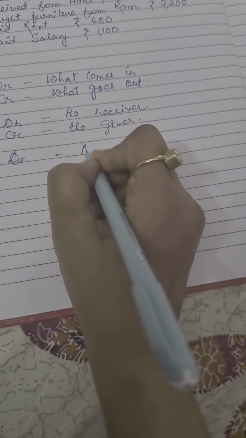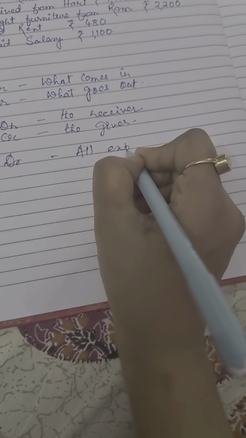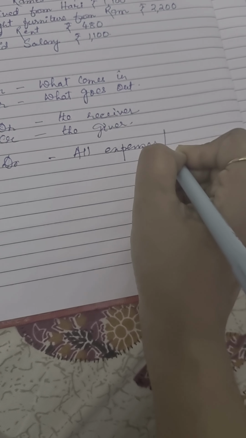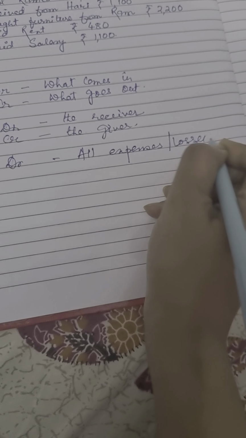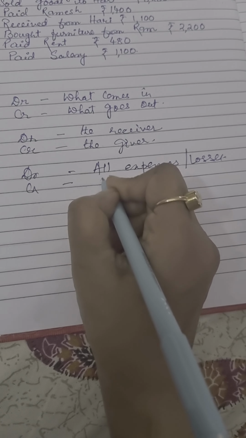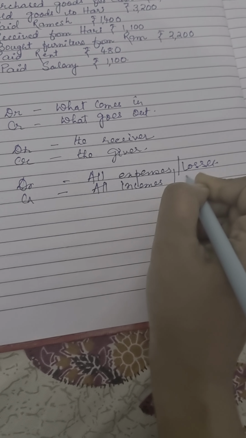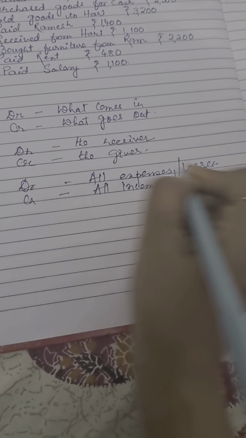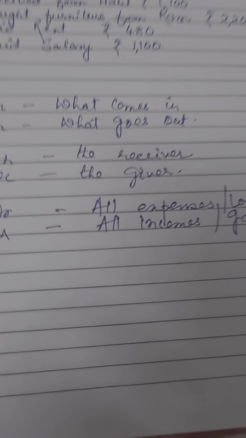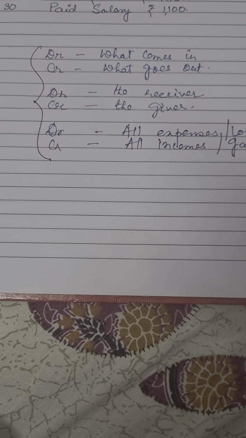Debit all expenses and losses, and credit all incomes and gains. Friends, you have to remember this rule before we start solving the problem given for journal.